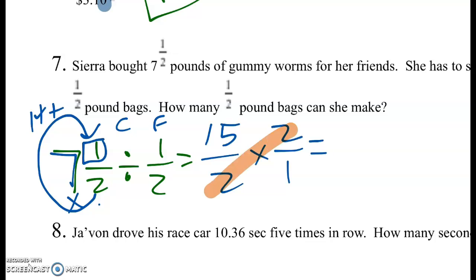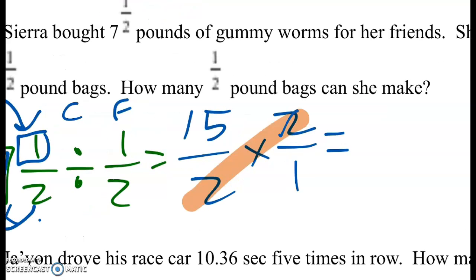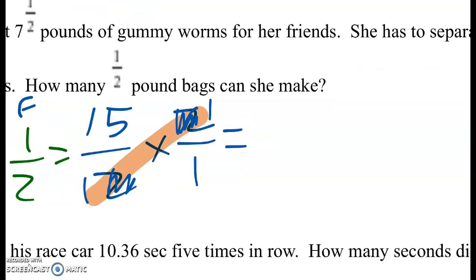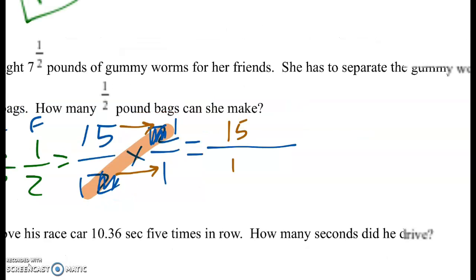See that right there? Those are both divisible by 2, so they would mark out and become a 1. Each one of those would become a 1. And so now we can just multiply straight across. 15 times 1 is 15. And 1 times 1 is 1. And I believe I told you earlier, I did it mentally and found out that the answer was 15.